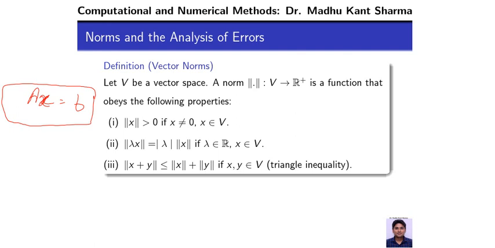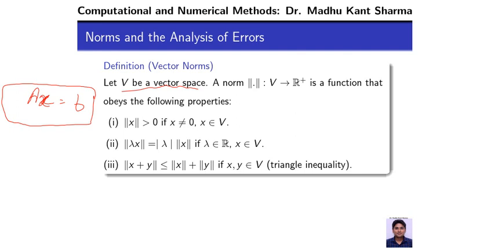For the single variable case it's fine, but for more than one variable you need to define an approach to identify the relative or absolute errors. For that we are going to assign norms. That definition of norms you must have learned during your linear algebra course. So let V be a vector space.